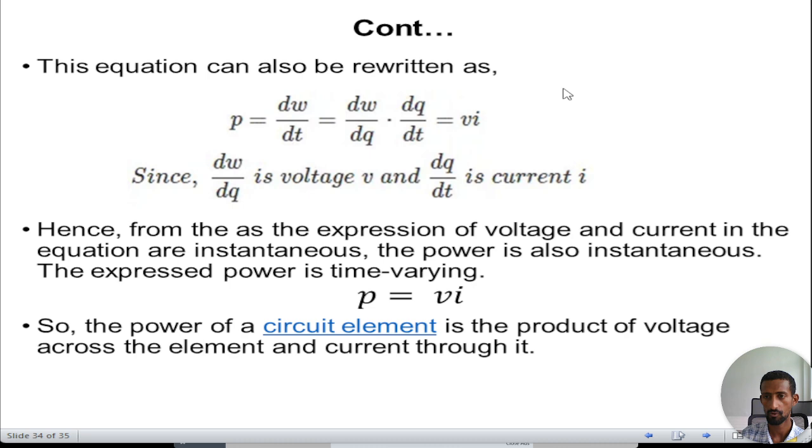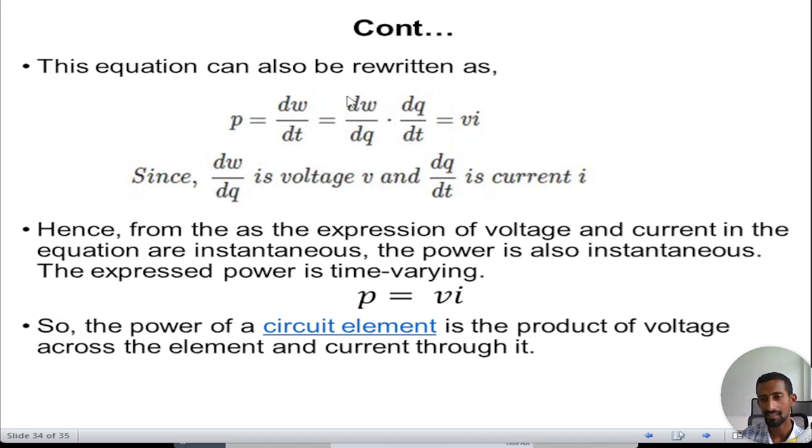This equation can also be rewritten as P equals dW by dt, which is equal to dW over dq times dq by dt. We are only adding dq by dt, so it cancels. That means multiplying by 1 will not change the equation.